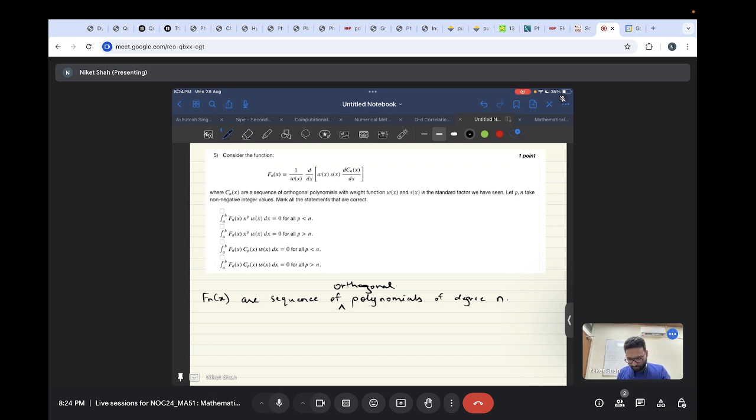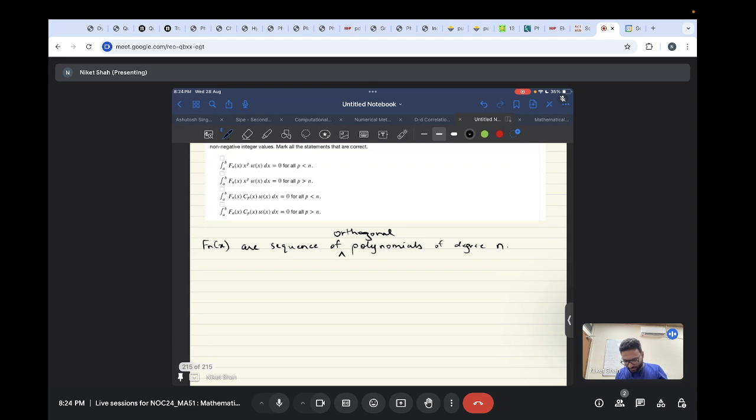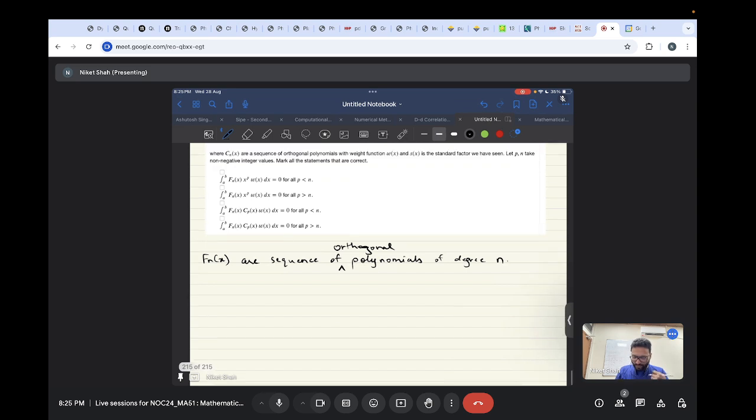So once you know for a fact that f_n(x) are a sequence of orthogonal polynomials of degree n, then we know that the integral of f_n(x) x^p w(x) dx is equal to 0 for all p less than n.